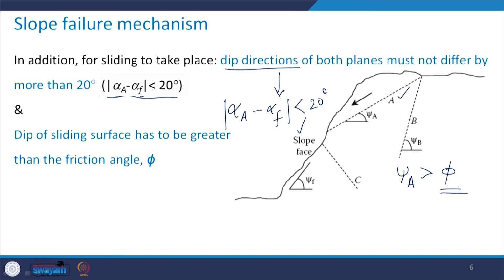If any of these three conditions is not satisfied, then the planar failure will not take place. So, these are the conditions for plane failure.